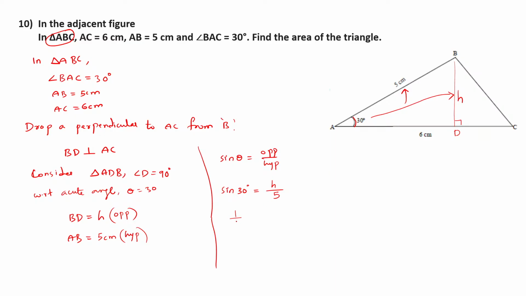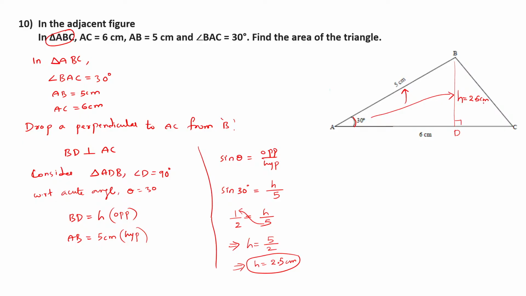Sin 30 is 1 by 2, and h by 5 as it is. Now transposing 5 to this side, h equals 5 by 2, which is h equals 2.5 centimeters. So the height we found is 2.5 centimeters.